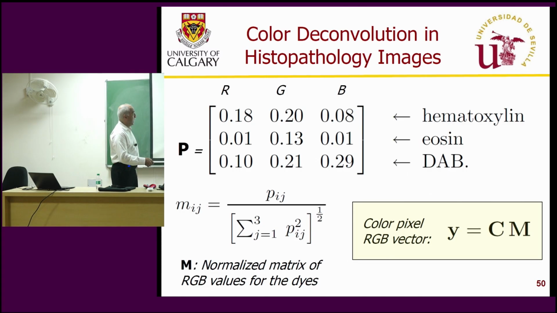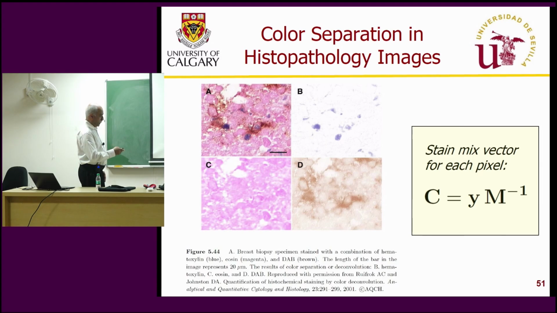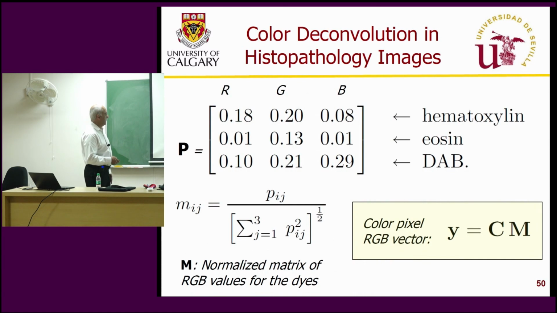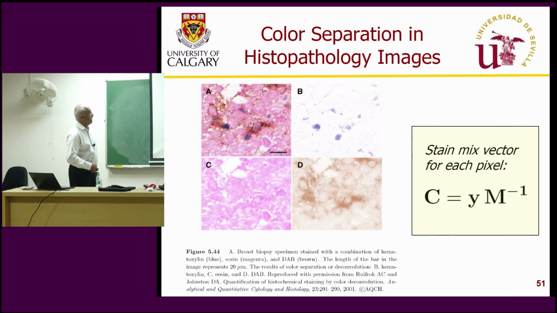Y is CM. It's like a mixture model. And then you want to get the actual color, Y M inverse. M is the normalized matrix of the RGB values for the dyes. C is Y M inverse. You want to invert the effect of that.